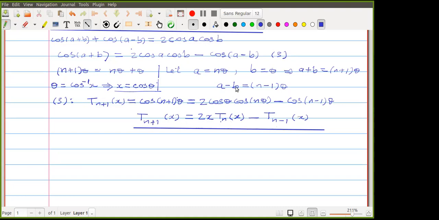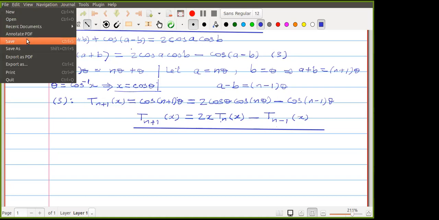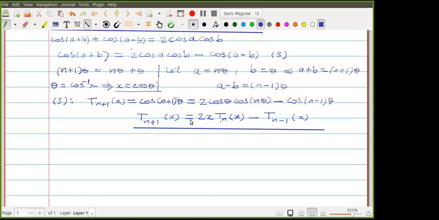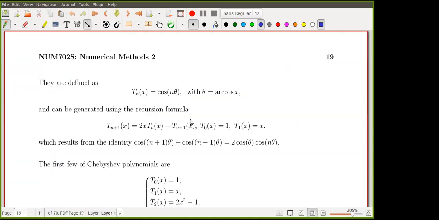Okay, so with this we can go back to our slide. Once we have this recursion formula, we can easily generate the polynomials.